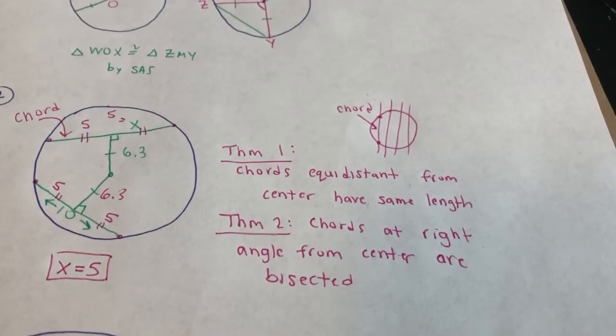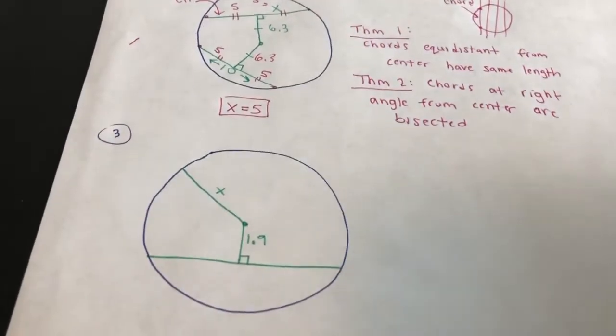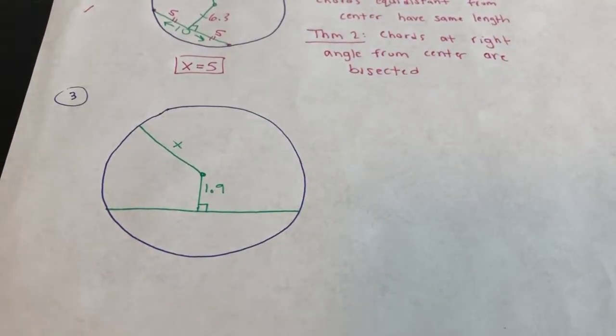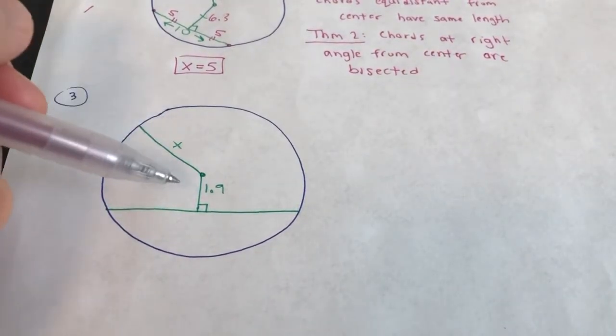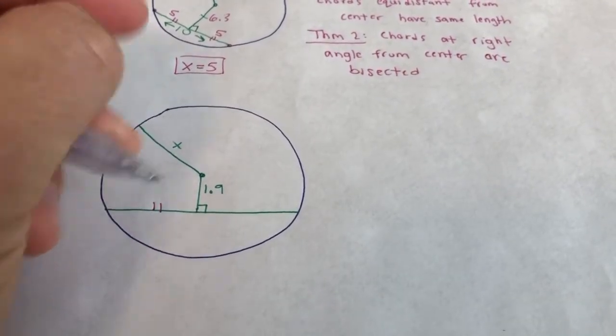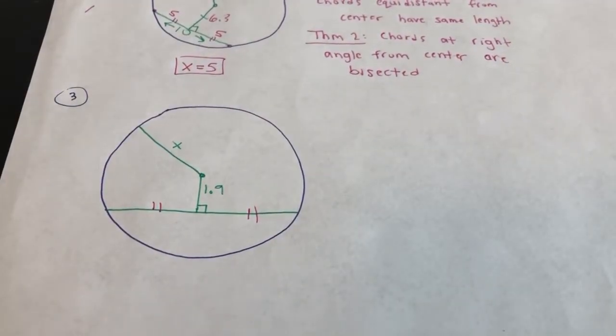Okay, and then one last example, a little bit trickier, but building on the first two problems we just did. We know this is 1.9. This is really important: it has to be a right angle for this and this to be the same.